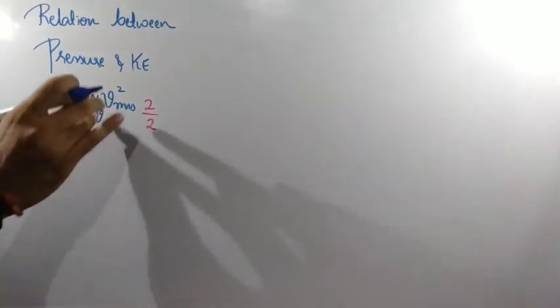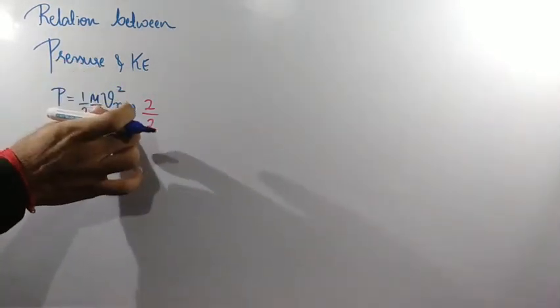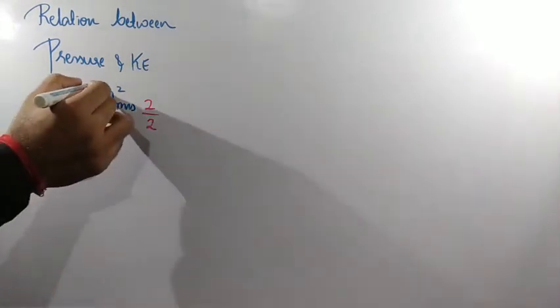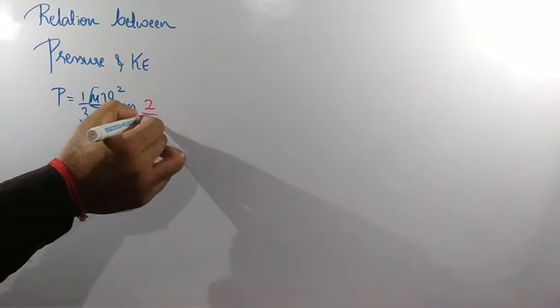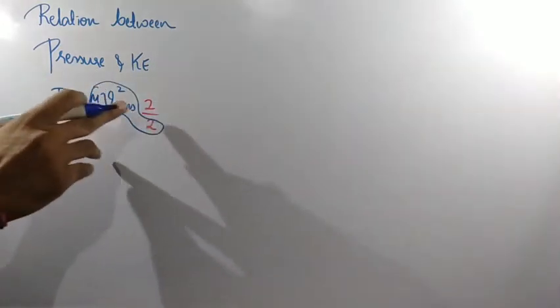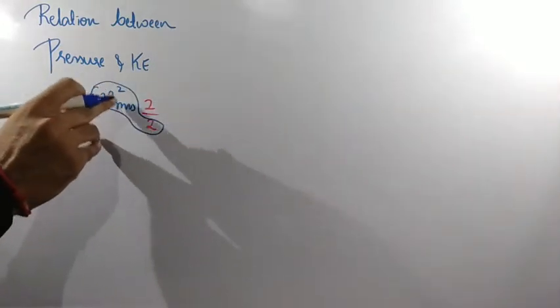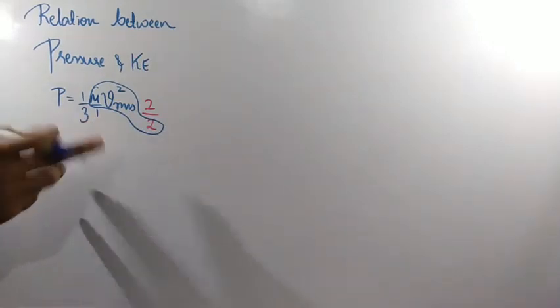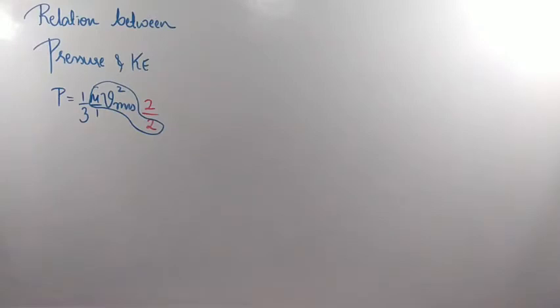If V value is unit value, then what is this term? Half mv square. It is nothing but kinetic energy per unit volume. That means we are going to treat volume factor as 1.